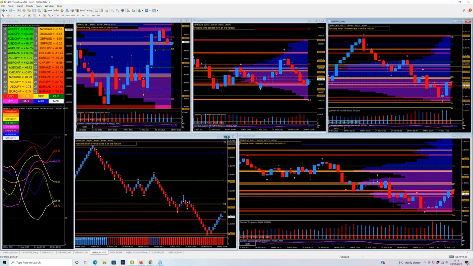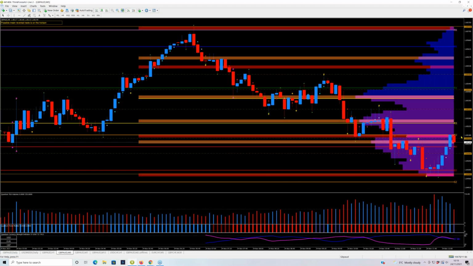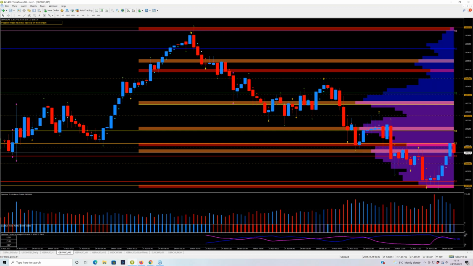With regard to an actual entry point, I've got the 5-minute chart here, and we have the repeat here. We can see here on the 5-minute chart, the Camarilla levels are calculated on a daily basis for all time frames up to, but not including, the hour.